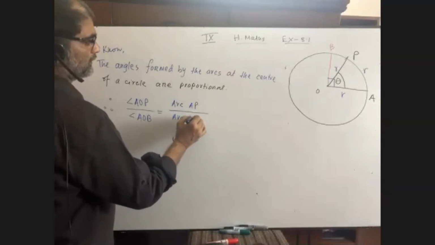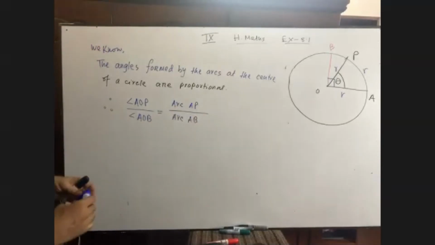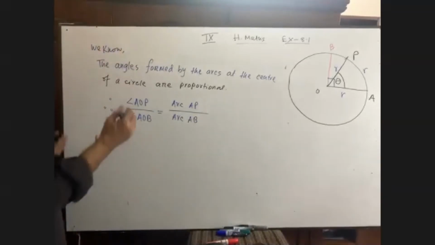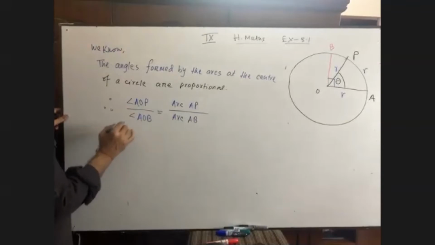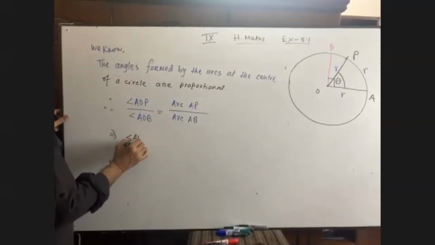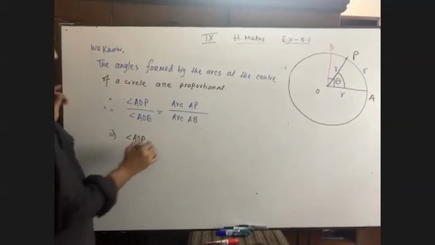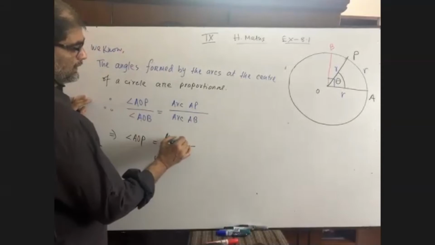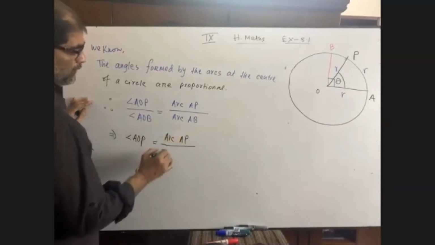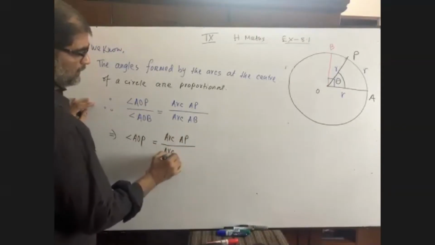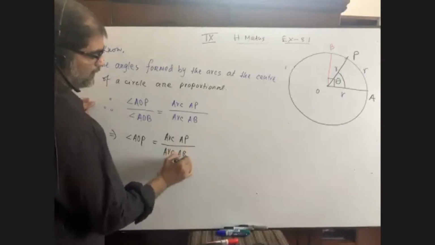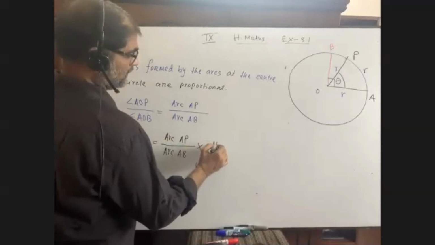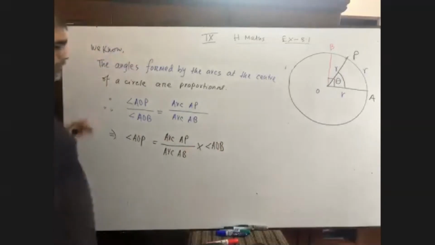Please talk to me where you have failed to understand. That means angle AOP is equal to arc AP by arc AB into this angle AOB. Talk to me.